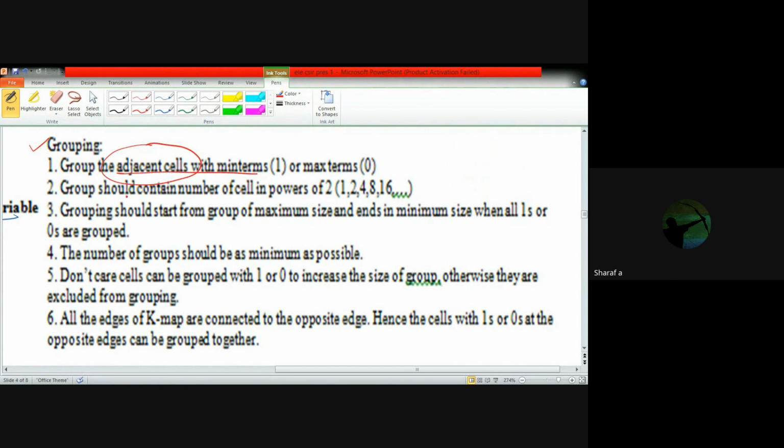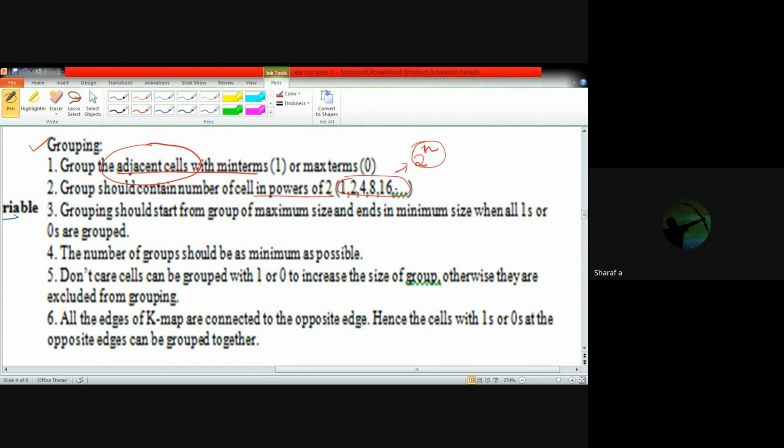And the second point, a group should contain a number of cells in powers of 2. Only these kinds of groups are possible, which means these are in the 2 raised to n form. N can be 0, 1, 2, 3, etc. So when you are grouping, the number of cells in that group will be equal to a power of 2.